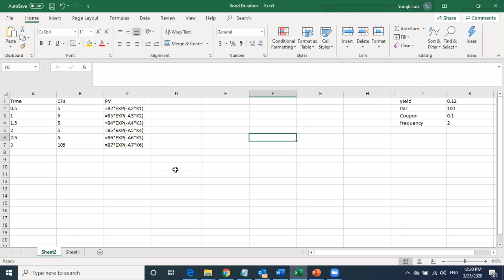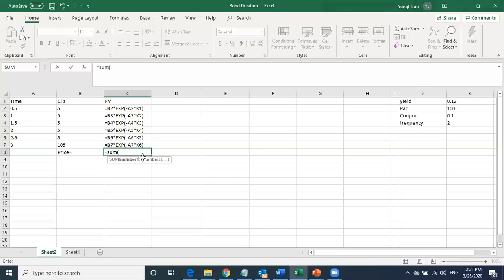Okay, so what is the bond price? Remember the bond price is the sum of this present value. It is the sum of all those present values. That's the bond price. How'd you get the 105? 105 is $5 plus the par value, 100.